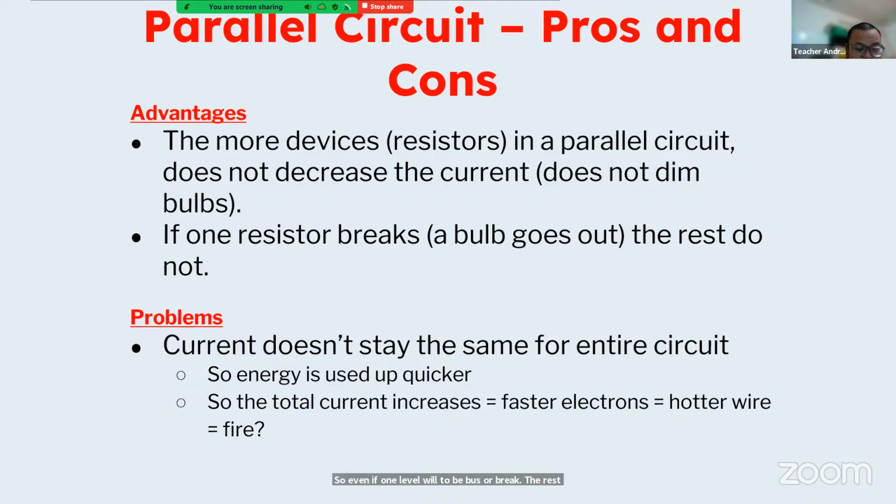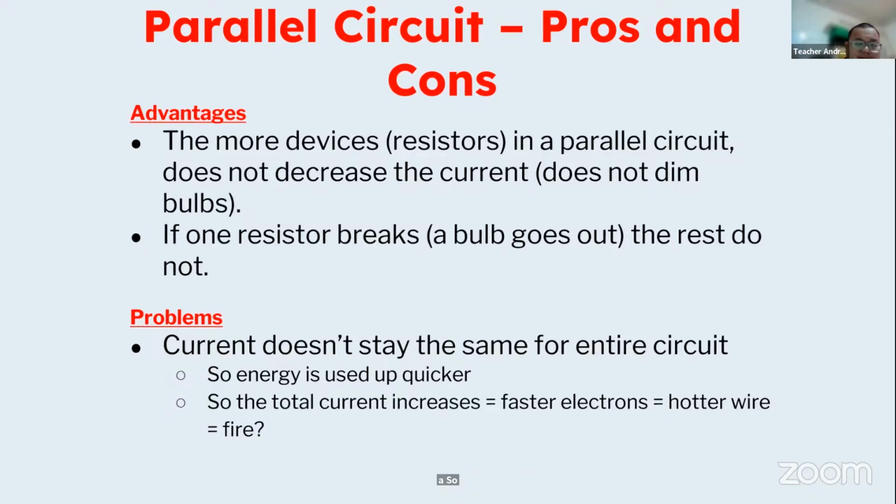However, there's a problem here. Current does not stay the same for the entire parallel circuit. This means the current will increase, energy is used up faster, leading to hotter wires. When the wire gets too hot, there will be a fire hazard. So this is some of the problems faced by the parallel circuit.